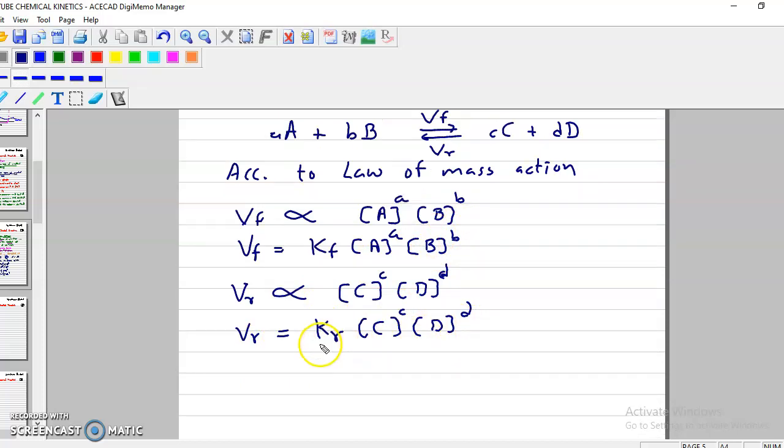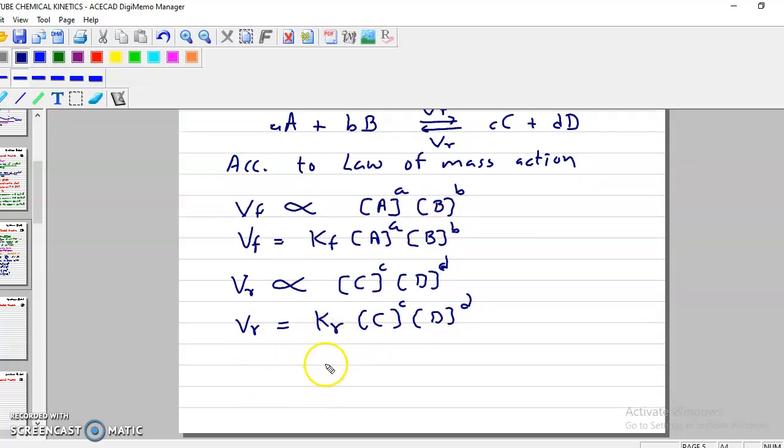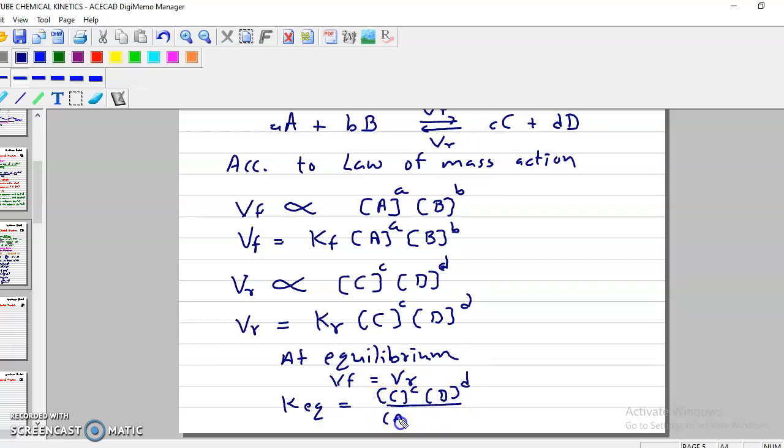And as you know very well, at equilibrium Vf is equal to Vr, and if we compare these two, then we will get the final equation of the equilibrium constant: K equilibrium is equal to C raised to c, D raised to d upon A raised to a and B raised to b.